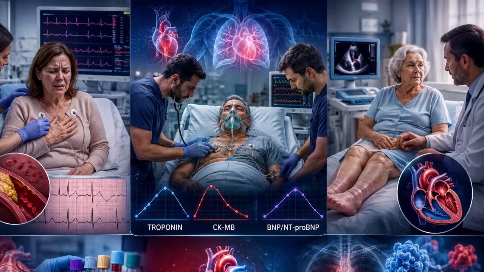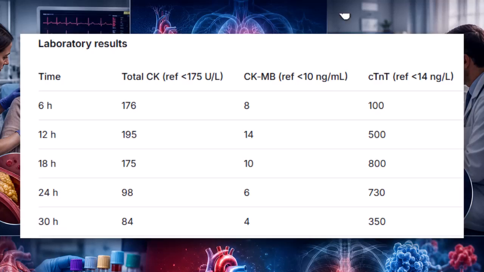The following laboratory results were obtained over a 30-hour period. At 6 hours, total CK was 176 units per liter. CKMB was 8 nanograms per milliliter.